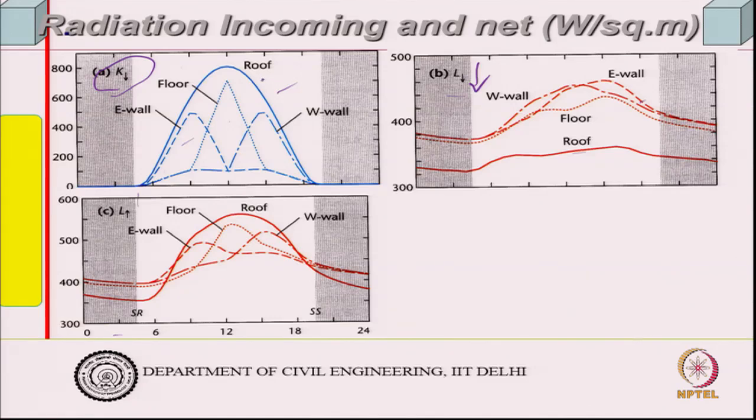Typically, the roof receives the maximum, obviously, on an average basis, then the walls, that is west wall, east wall, and this is the floor. The floor will get some radiation maybe coming through windows or whatever. So, that is how the radiation received will be.